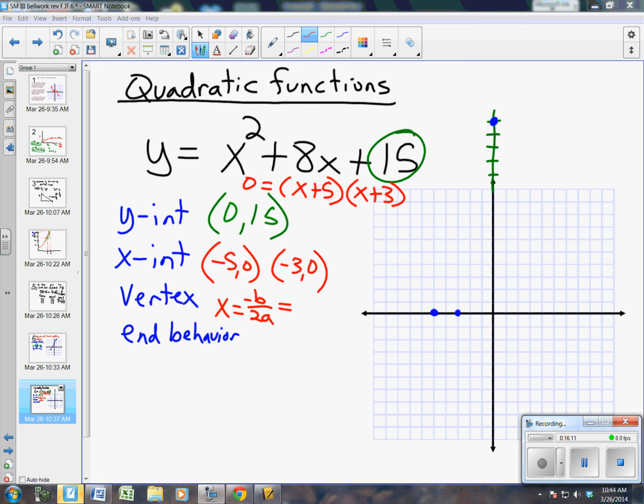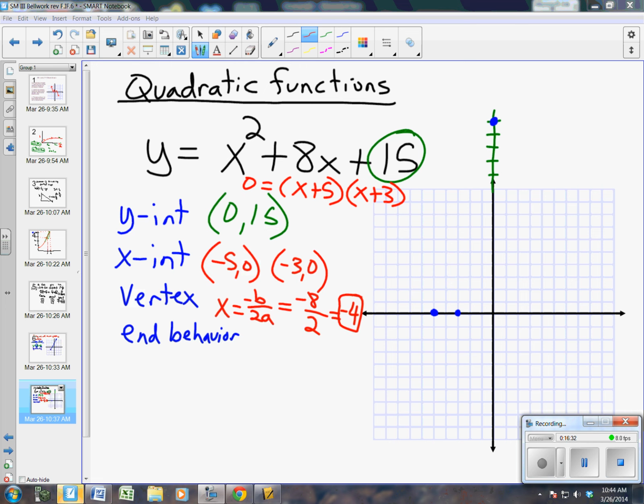So the opposite of b would be what? Negative what? -8. And 2 times a would be what? 2.